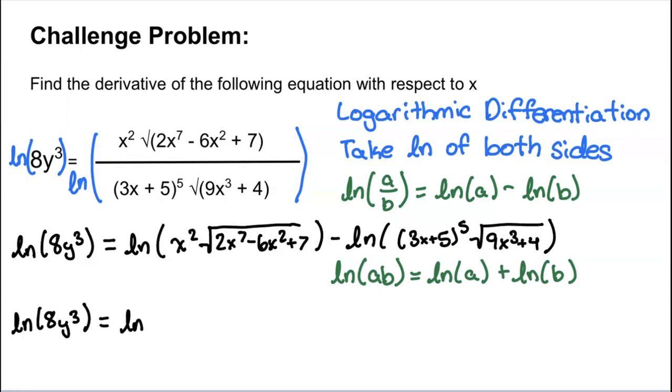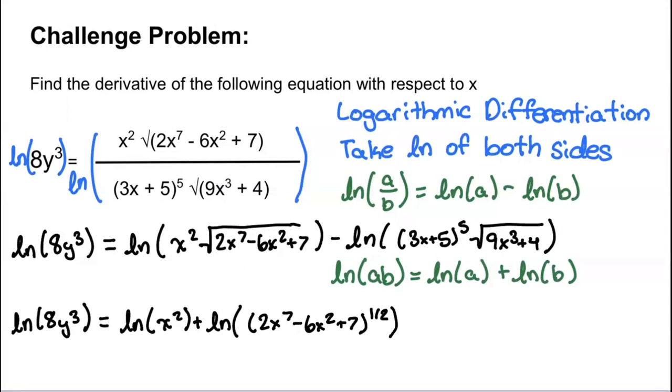Now we're going to break this up. We have ln of x squared plus ln, and I'm going to do a bit of a weird move here. I'm going to write this radical as 2x to the 7th minus 6x squared plus 7, taking everything within that radical and raising it to the 1/2. It expresses the same thing. It's just going to look a bit weird, but there is a reason why I'm doing this.